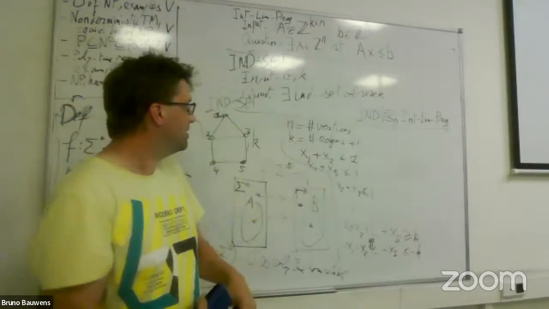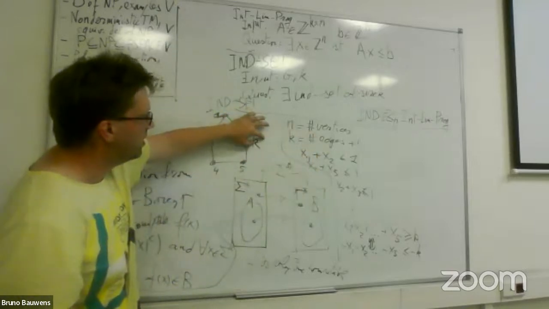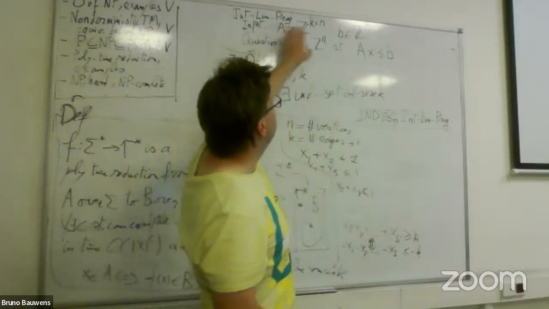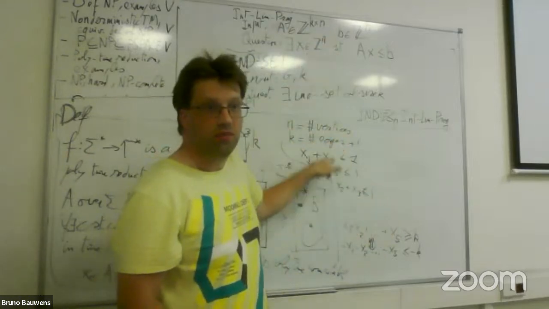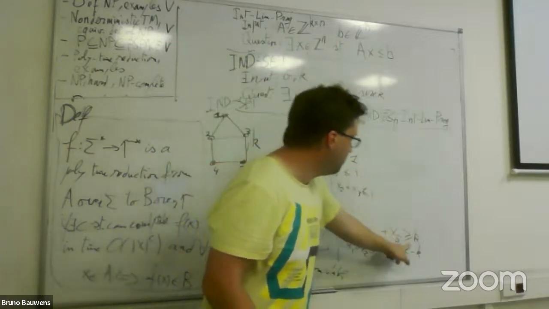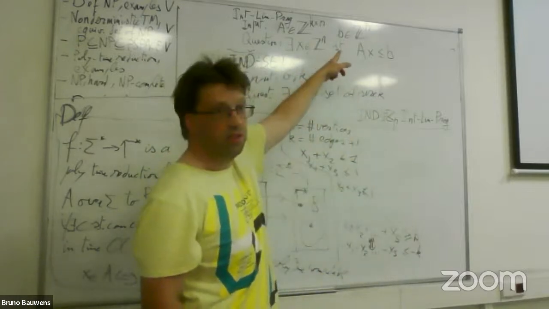Okay, but are we convinced that I have written down a reduction? So given a graph and a number k, you now know how to write A and B. From the coefficients you construct A, and from these upper bounds 1, 1, 1, 1, and minus k in the end, that's our vector b.